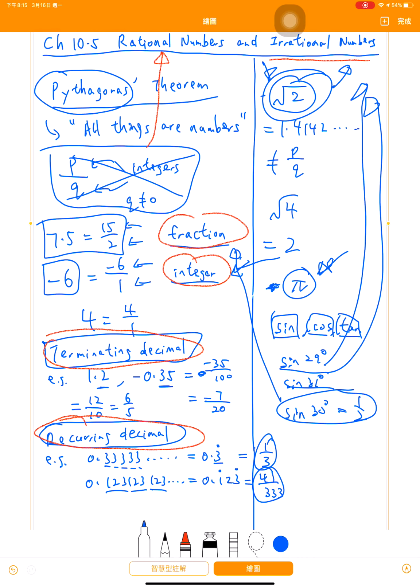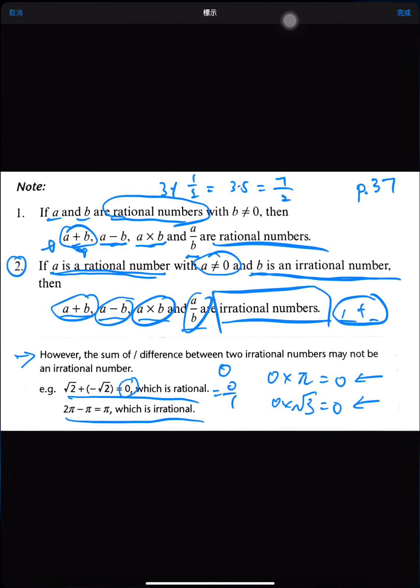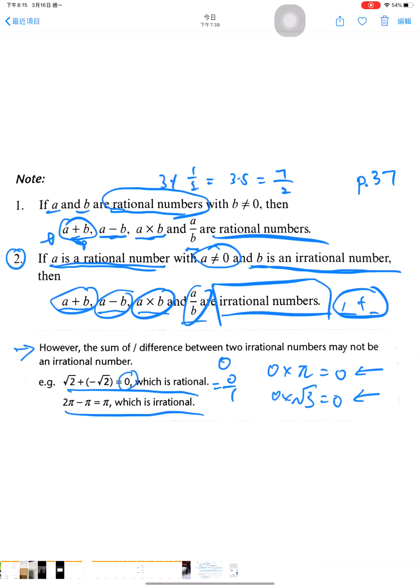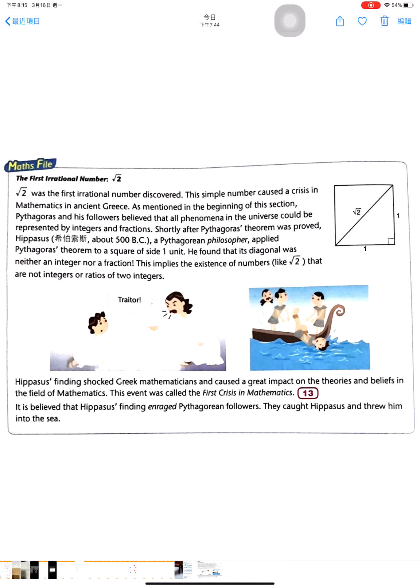So I'm going to talk about this session maybe a little bit. There are many things to tell you. I'm going to talk about the last thing. Talking about rational and irrational numbers, usually you must talk about famous stories.